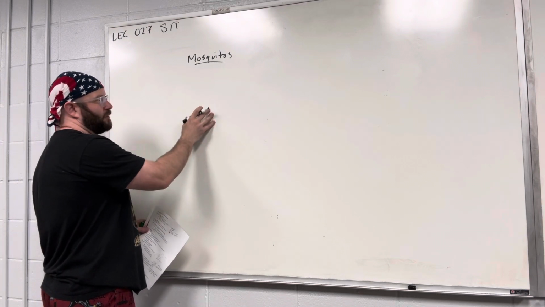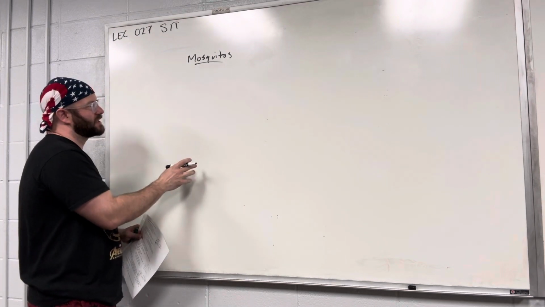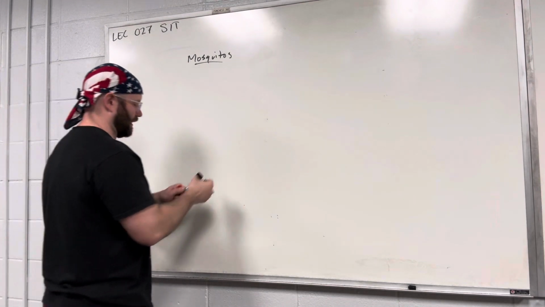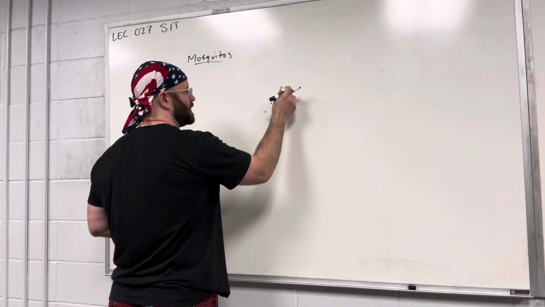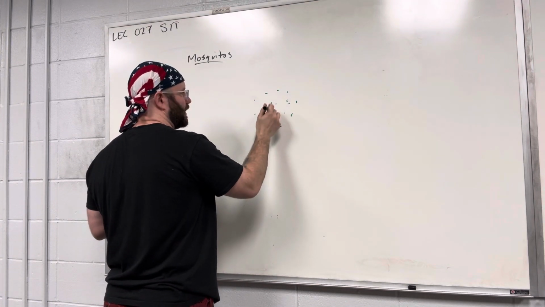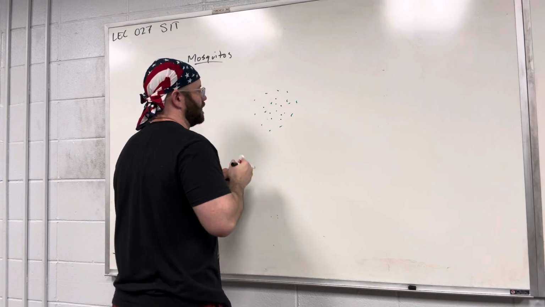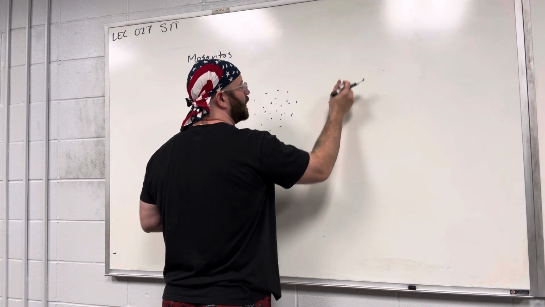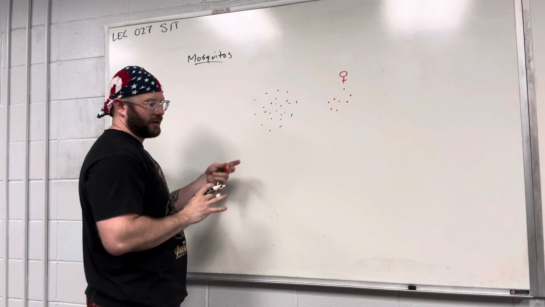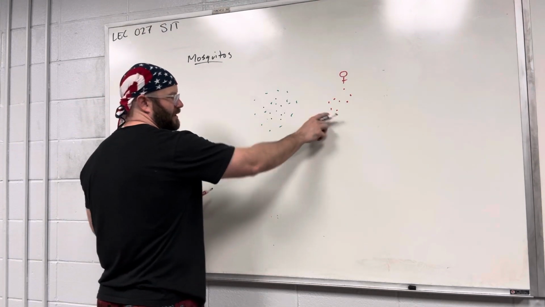So when they originally were trying to do these experiments with mosquitoes, they would produce these sterile males. Let's say again, the greens are the sterile males, the blacks are the wild males, and the reds are the females. When they irradiated mosquitoes with the radioactive sources, the females were able to tell.